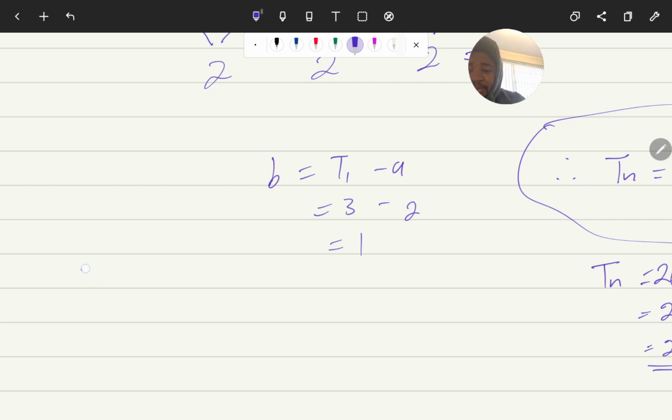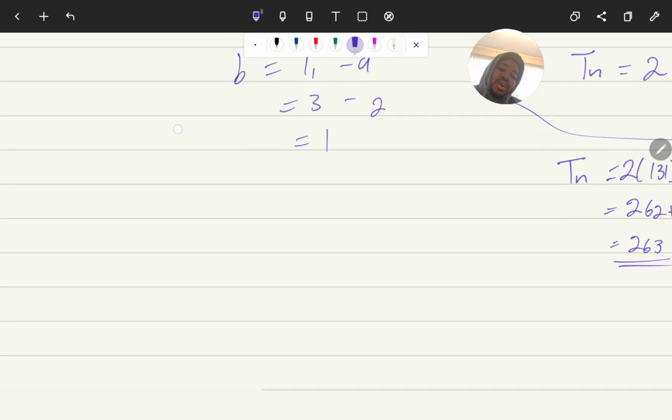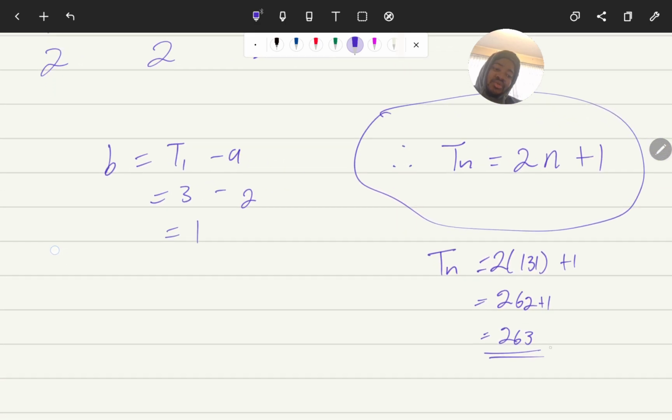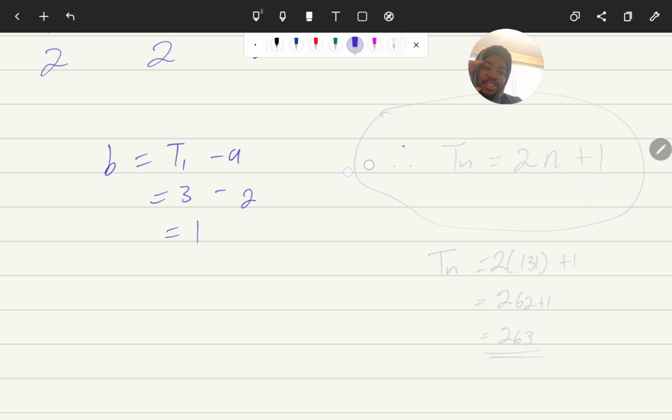I have -3, I have -1, I have 1, I have 2. Let me do what I want to do now. I was thinking of a pattern, which pattern I should take. So I'm gonna take this one.